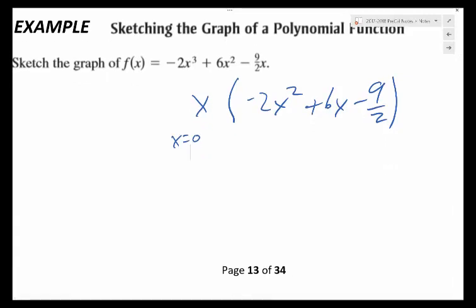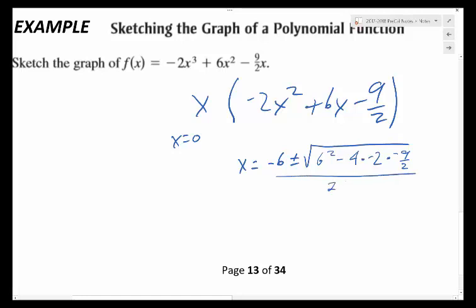To find the rest of it, I'm going to use good old Mr. Quadratic equation. So x equals the opposite of b, negative 6, plus or minus the square root of 6 squared minus 4 times a, which is negative 2, times negative 9 over 2, all over 2 times negative 2.